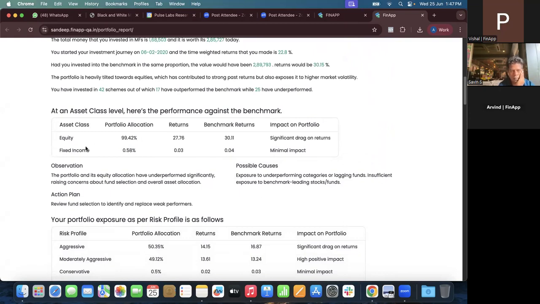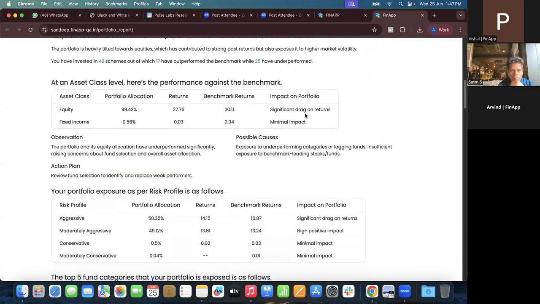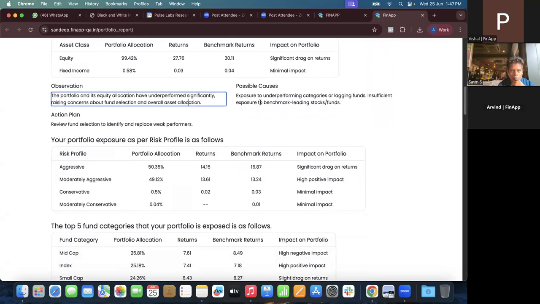In equity you have 99% of the portfolio. Returns of the portfolio of your equity is 27.76, whereas the benchmark has given 30.11. Significant drag in returns. So it is also telling you what is the impact on the portfolio. Now, these are observations. If you think that I need to add something, you can add. It is editable from a distributor point of view.